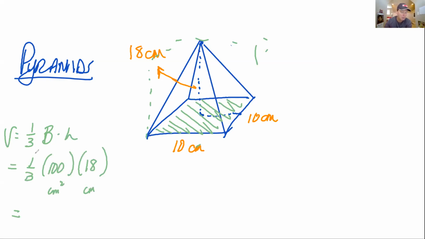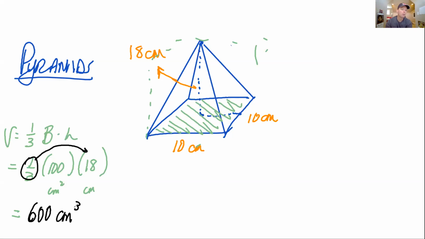Remember, I know algebra was not great for some of you. But one of the properties of algebra is you can multiply things in any order. It's the commutative property, or sometimes even the associative property of multiplication. So I can actually multiply this number times that first. So can you think about what's a third of 18? Oh, 6. Oh, 6 times 100, 600 cubic centimeters.